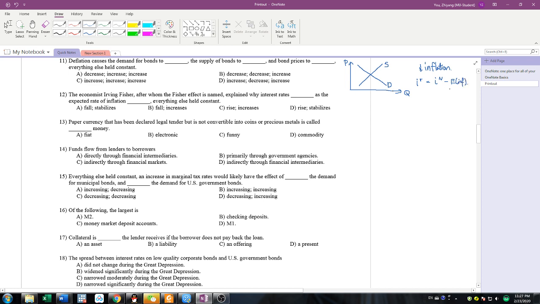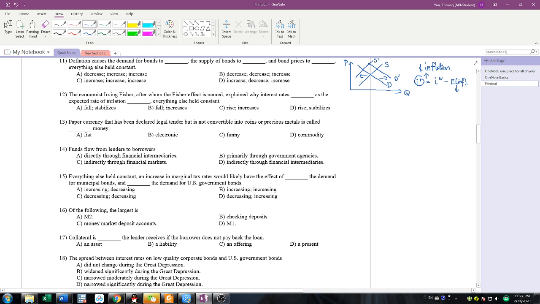So when inflation is dropping, it just means our real interest rate is going to grow. That's a good thing for the bond holder, and a bad thing for the bond issuer. So as a result, we're going to have more demand. The demand curve shifts to the right, but the supply curve shifts to the left.